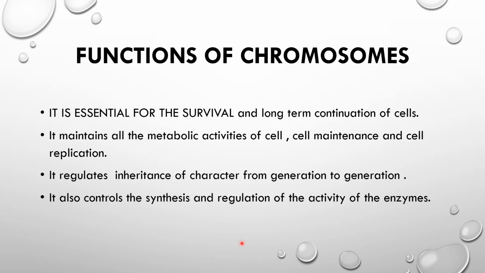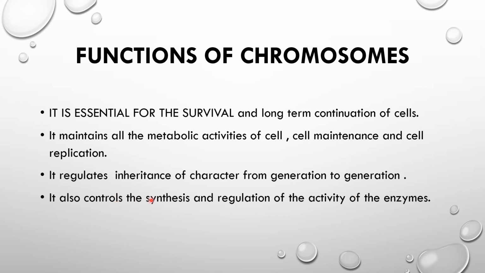Functions: the nucleus is essential for the survival and long-term continuation of the cell. It maintains all the metabolic activities of the cell, cell maintenance and cell replication. That's why it is also known as the director of the cell. It regulates the inheritance of characters from generation to generation because it has chromosomes made up of DNA and protein, and DNA is the genetic material which carries information from one generation to the next.